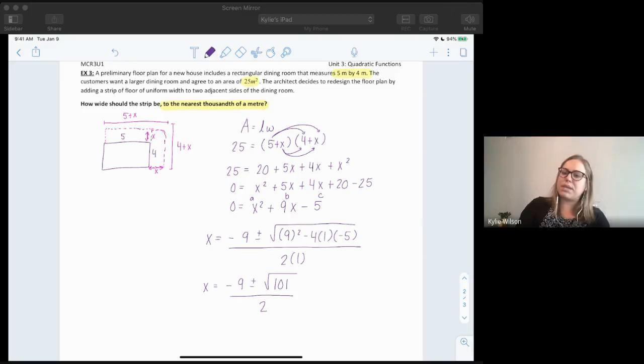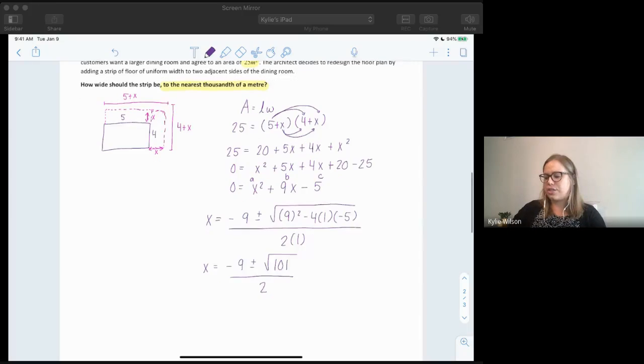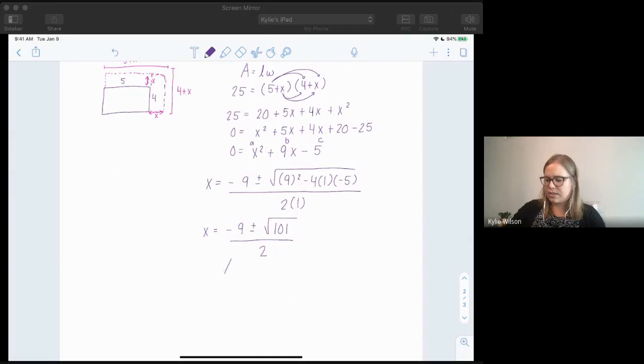Now, because of that plus or minus, this is actually two equations in one, so I'm just going to separate them. x equals negative 9 plus root 101 over 2, and x equals negative 9 minus root 101 all over 2, like this.